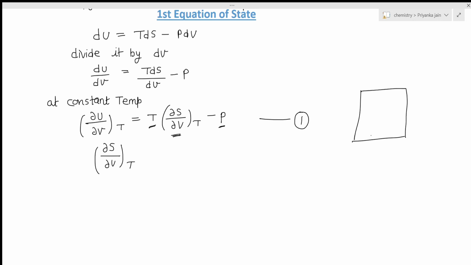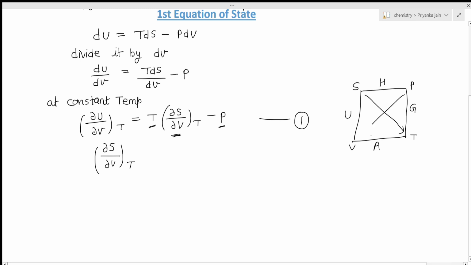See here. First of all make the Max Born square: S P T V H G A U. Make the arrows. You are given del S upon del V at constant temperature.